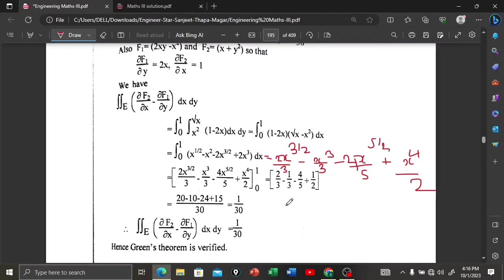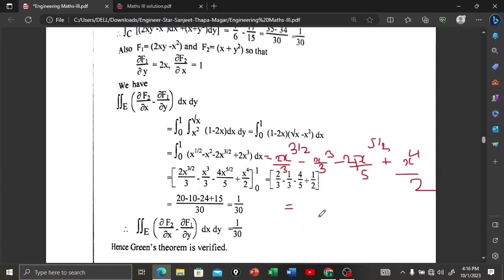So taking the LCM of 3, 5 and 2, 3 into 5 into 2 is 30. So here 2 times 30 by 3 is 10, minus 1 times 30 by 3 is 10, minus 4 times 30 by 5 is 6, plus 1 times 30 by 2 is 15.